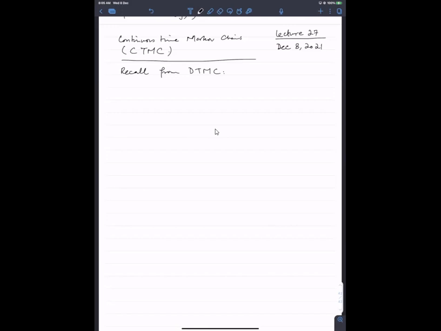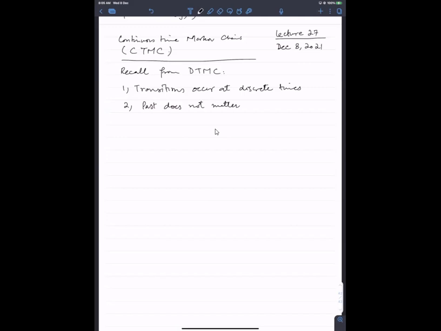We said three things about that. One is that transitions occur at discrete times, or unit steps. The second thing that we said about the discrete time Markov chain is that past does not matter given the present. It's only the present which matters. Past does not matter.